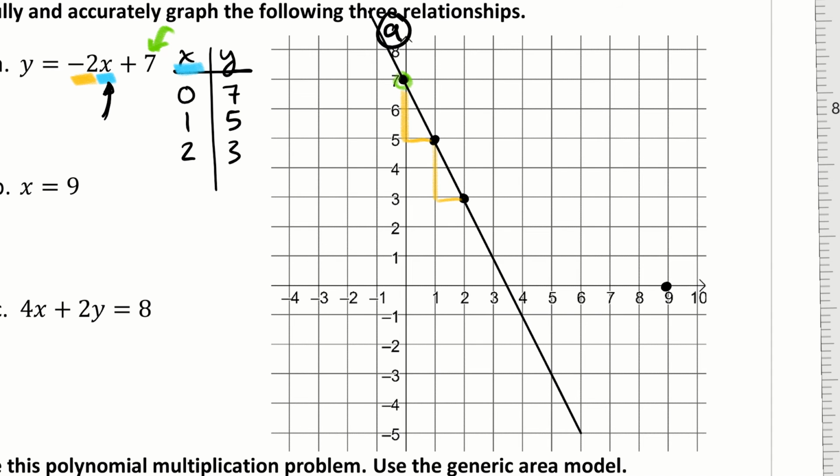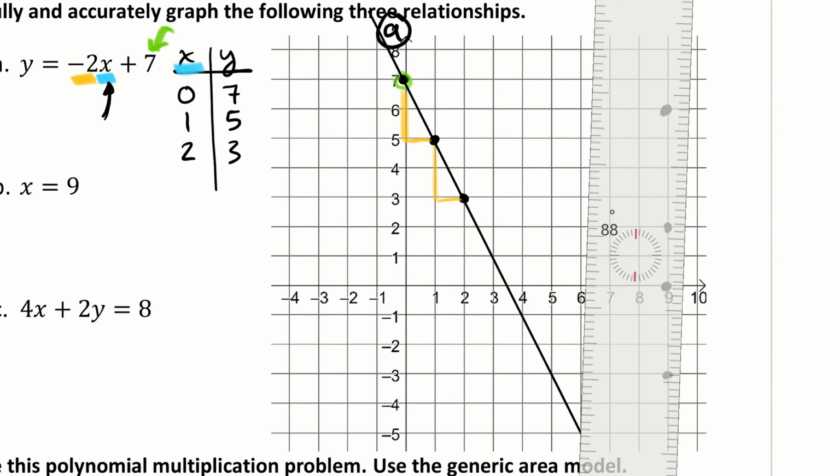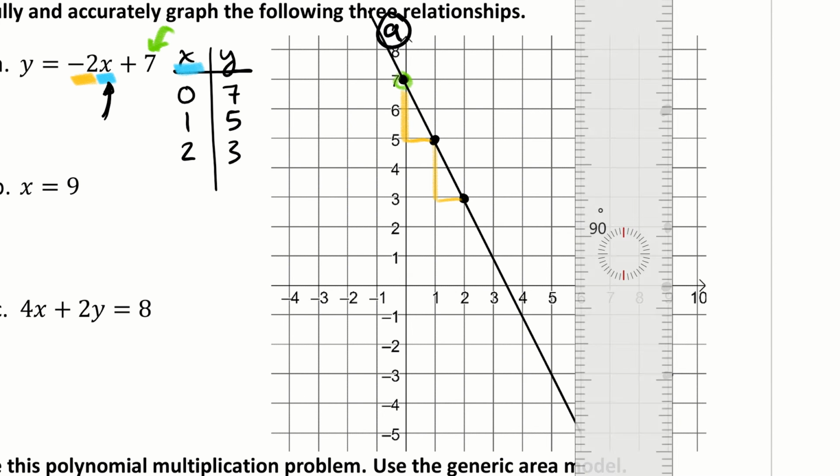But actually there are other points where x is 9. In fact, right here, this is a spot where x is 9 and y is 6, or x is 9 and y is 2, or x is 9 and y is negative 3. For every single one of those points, x is equal to 9.